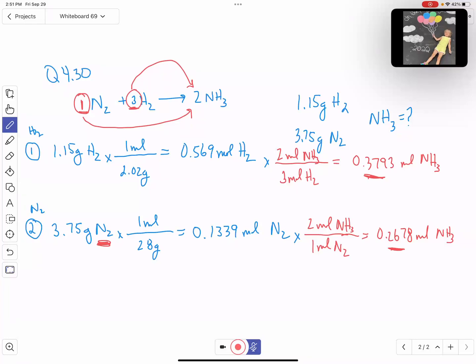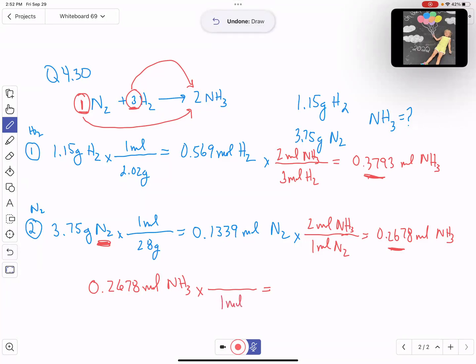So now we just have to carry forward with the 0.2678 moles of ammonia. That's how much we're going to make in the reaction because that's how much nitrogen allows us to make ammonia. So now we just want to find out the mass of that, all right? Ammonia, the molar mass is 17 grams per 1 mole. And I wrote that the wrong way, right?